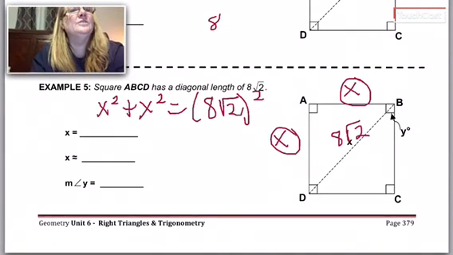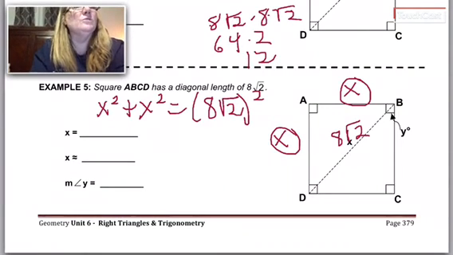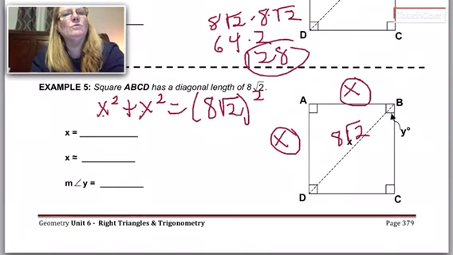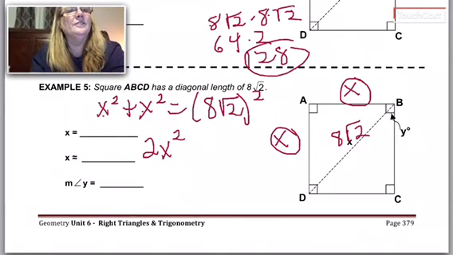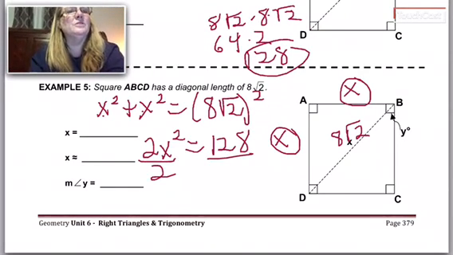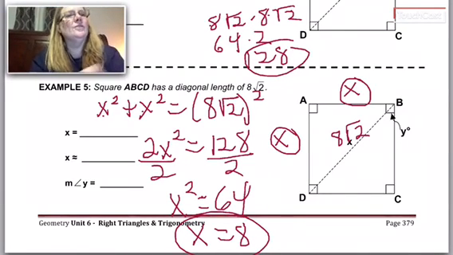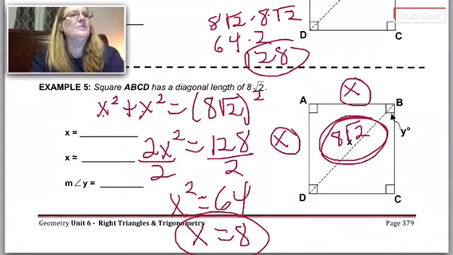So that is 8 times the square root of 2 times 8 times the square root of 2, which is 8 times 8 is 64. The square root of 2 times the square root of 2 is 2. 64 times 2 is 128. So we get x squared plus x squared, or 2x squared, is equal to 128. If we divide both sides by 2, we get x squared is equal to 64. And the square root of 64 is 8. So if the diagonal is 8 times the square root of 2, the side lengths will be 8.